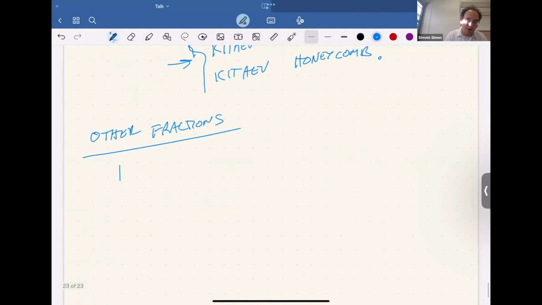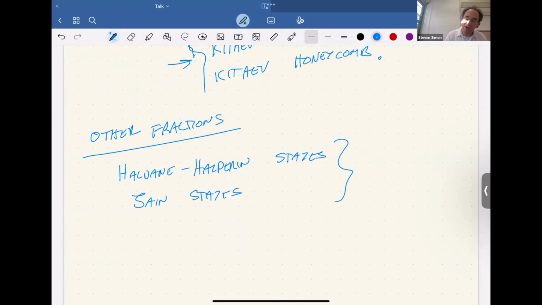So there are so-called Haldane-Halperin hierarchy states, which are pretty much the same as Jain states. And these are all so-called abelian anyon models. And there's various different ways to do this.